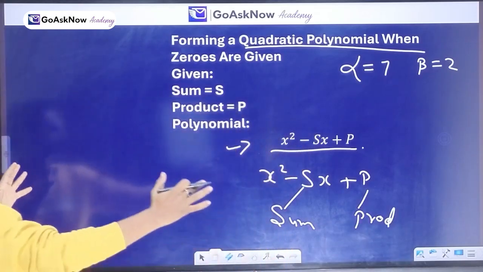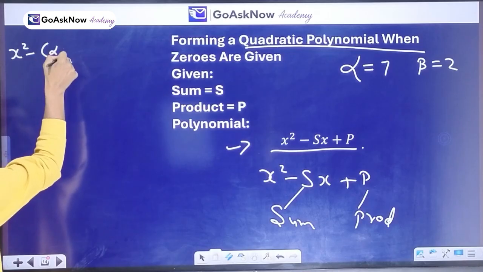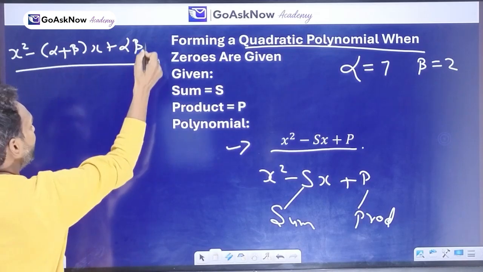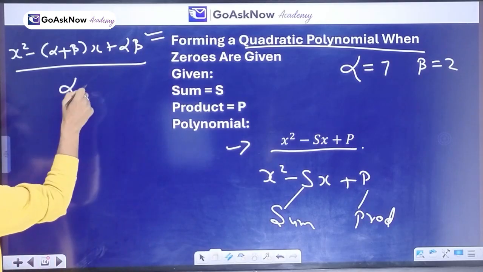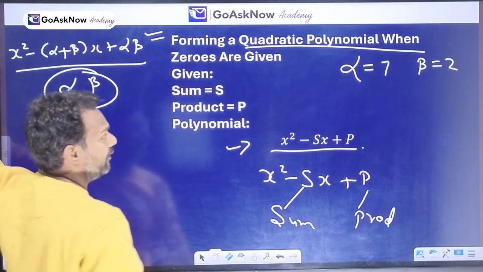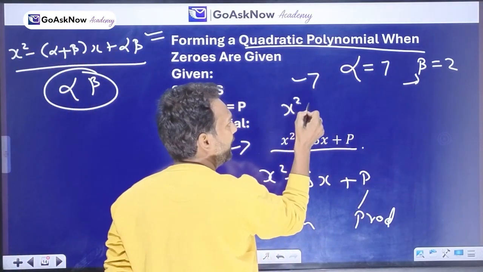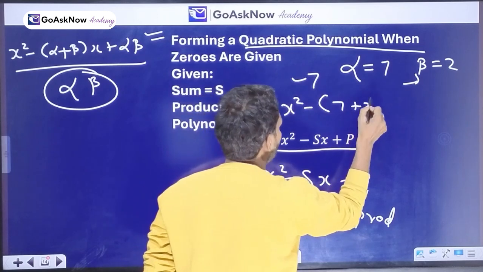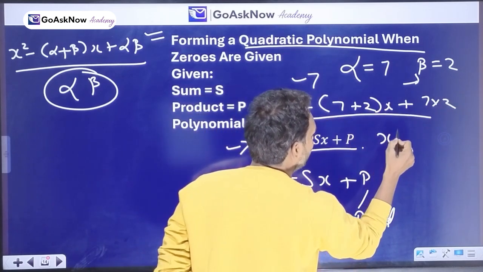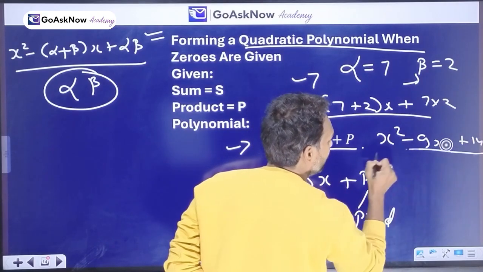Or by expanding it, for more clarification, I can write x square minus alpha plus beta x plus alpha into beta is the required quadratic equation for two roots alpha and beta. So if I have taken roots 7 and 2, then the quadratic equation will be x square minus 7 plus 2 x plus 7 into 2. X square minus 9x plus 14 is the required answer.